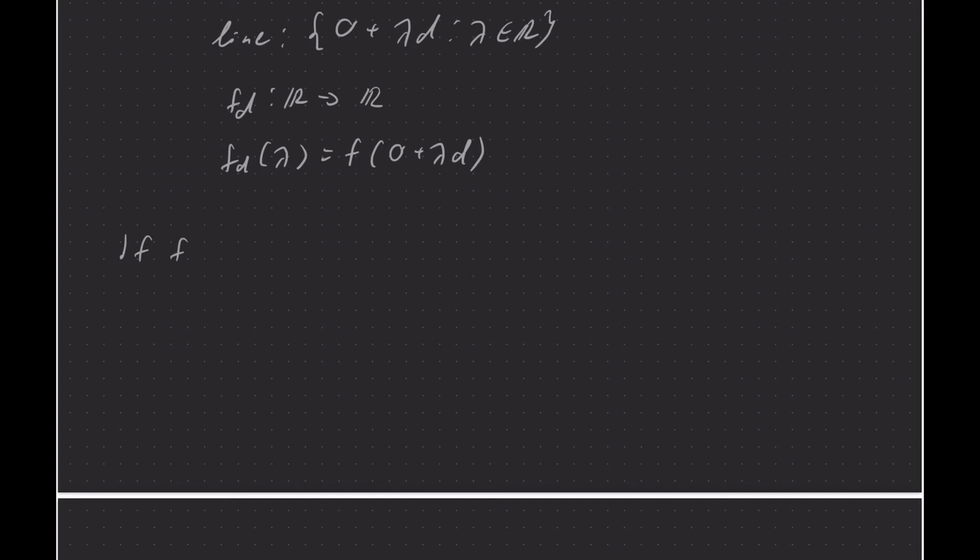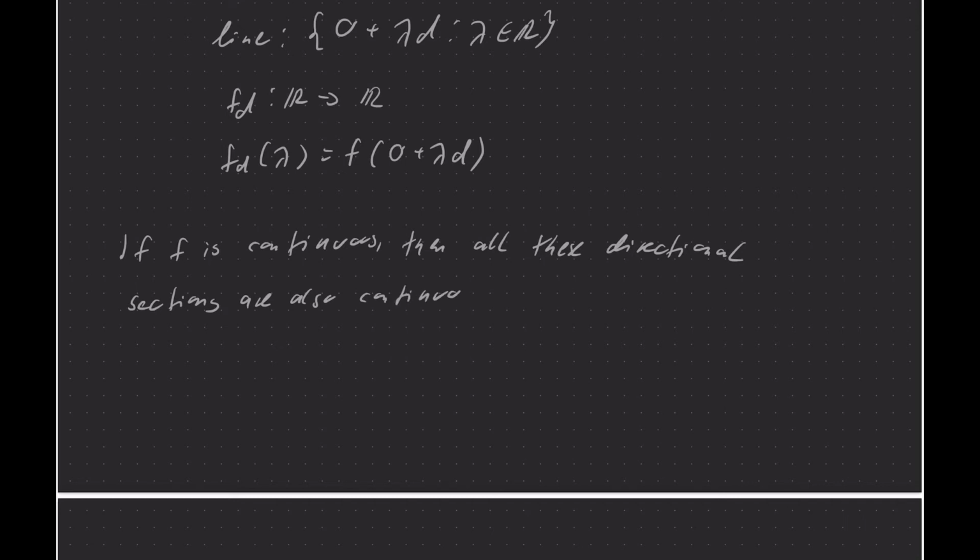So if f is continuous, then all these directional sections are also continuous. The question is, is the reverse also true? And the answer is, surprisingly, it's not. So there are examples where all of these directional sections are continuous, but the function still is not.